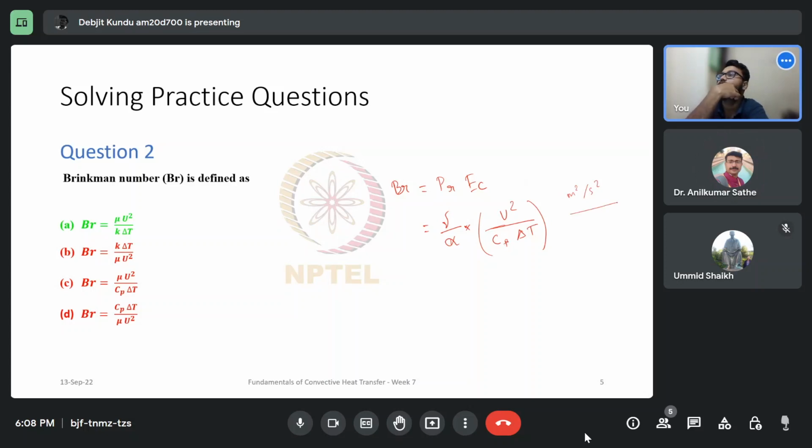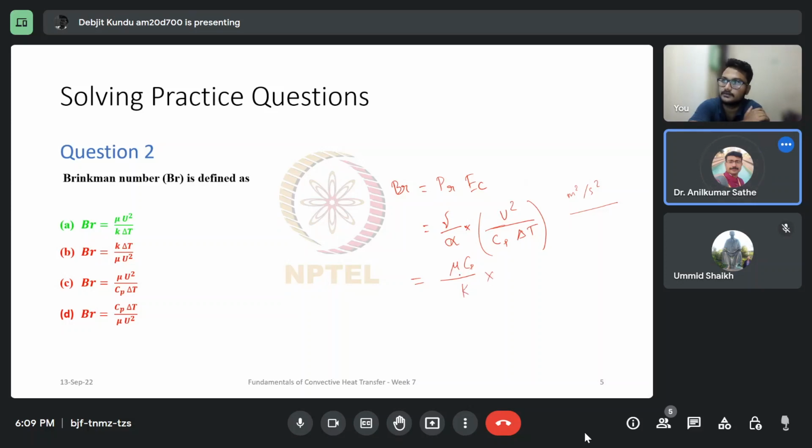Now, nu is mu by rho and alpha is k by rho Cp.